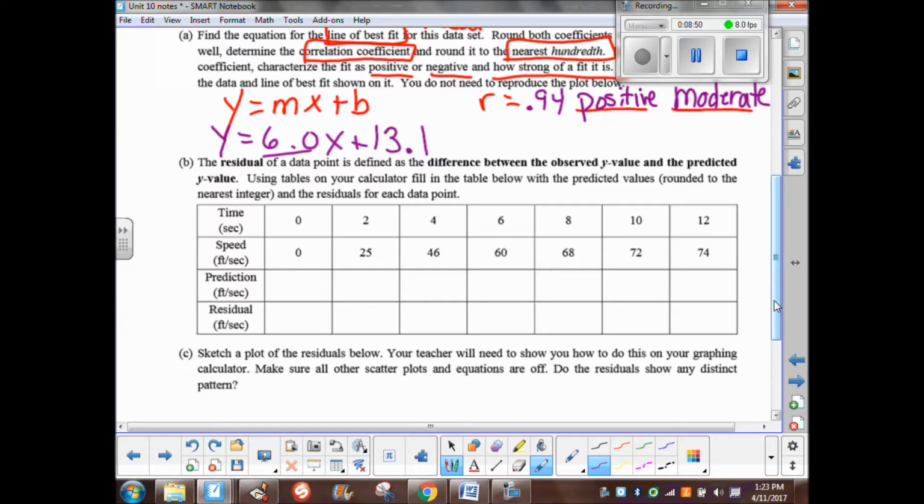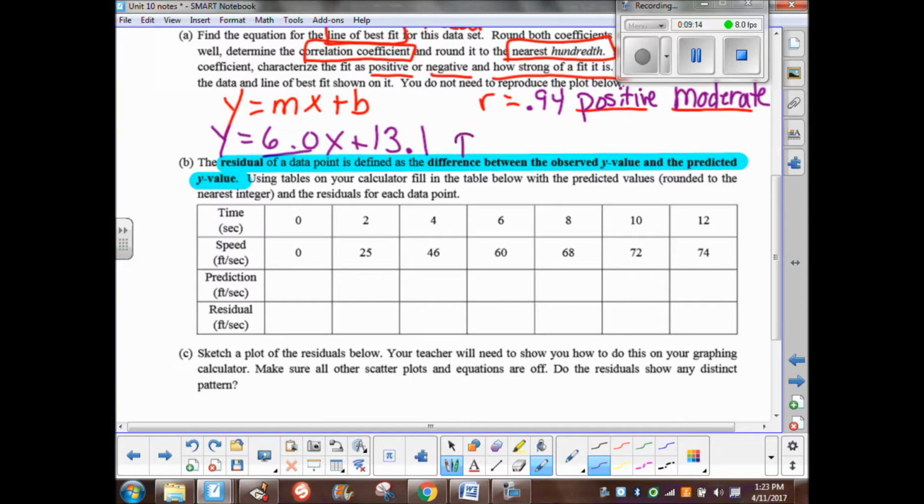So it says the residual of a data point. Here's a big definition, guys, for you to make sure you understand. The residual of a data point is defined as the difference between the observed y value and the predicted y value. Let's simplify that.